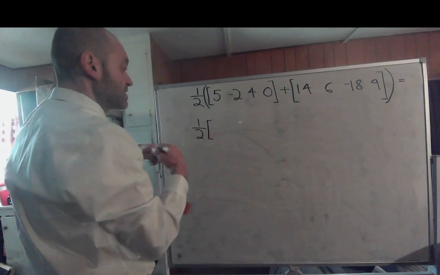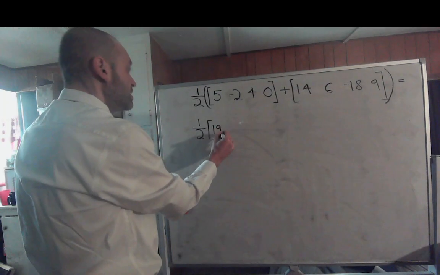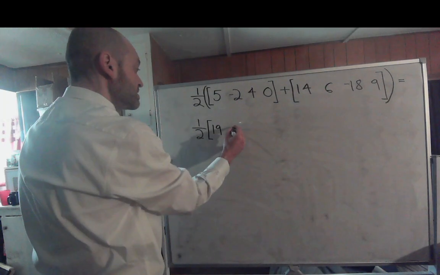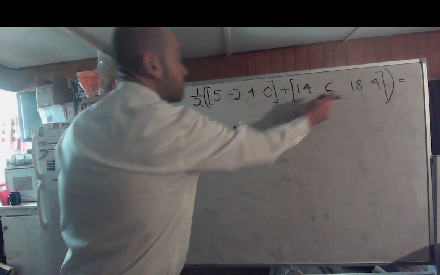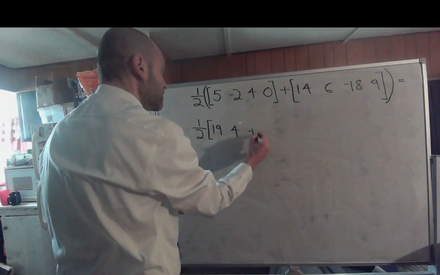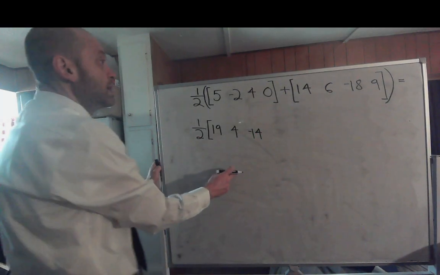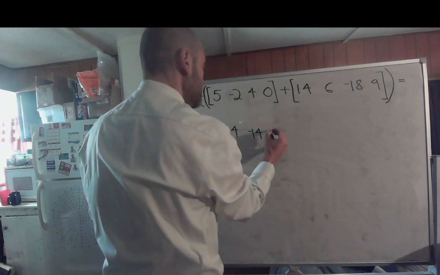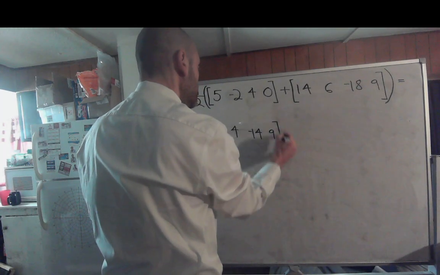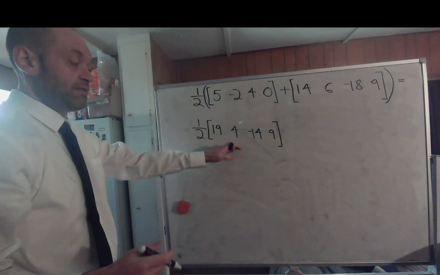So we'll take 1/2 times our single matrix that we get from adding these together. 5 plus 14 is 19. -2 plus 6 is 4. 4 minus 18 is -14. And then we get 0 plus 9 is going to be 9. So now we just simply have half of a single matrix.